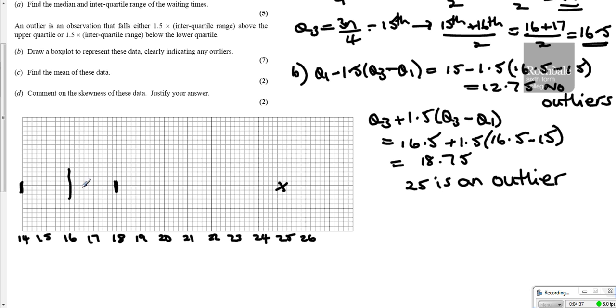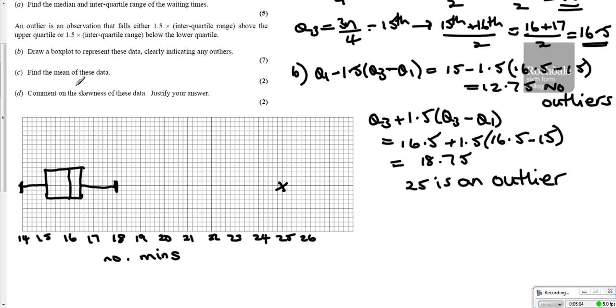The upper quartile is 16.5, so the data is very closely grouped there, and the lower quartile was 15. So using a ruler, I join up the box, put on the whiskers, and that's what it should look like. And this is the number of minutes. Make sure you use your ruler for that. So that's again another 7 easy marks.